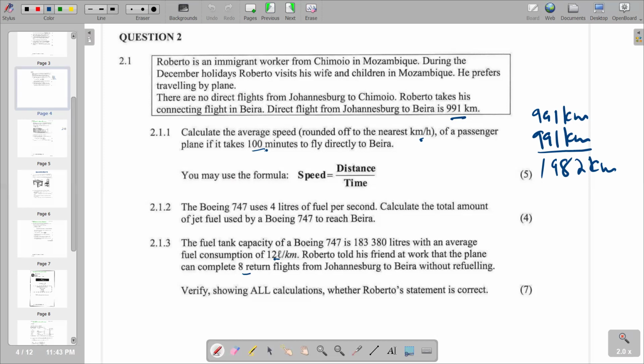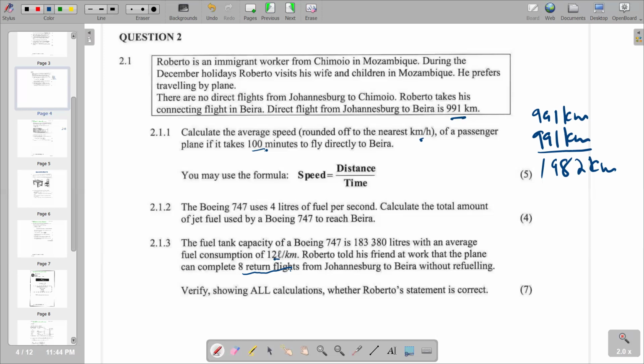To confirm 8 return flights, we take 183,380 liters, which is the full tank capacity, and divide by the number of liters for a return flight, and then we see the number of return flights.